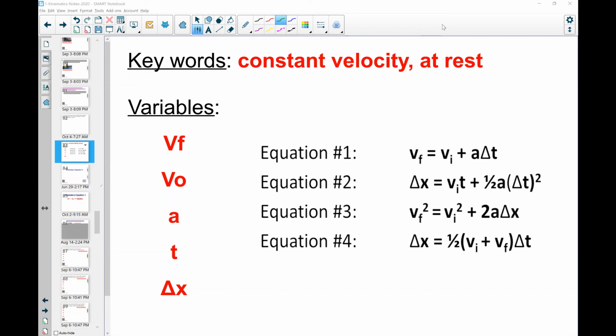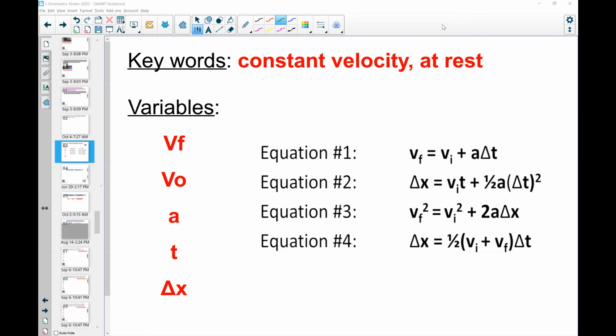All of these equations that are based on acceleration basically simplify down. So equation 1 just becomes Vf equals Vi. The initial and final velocities are equal if there's no acceleration. Equation number 2 just becomes displacement equals Vi times t. Equation number 3 just becomes final velocity squared equals initial velocity squared because it's not changing.